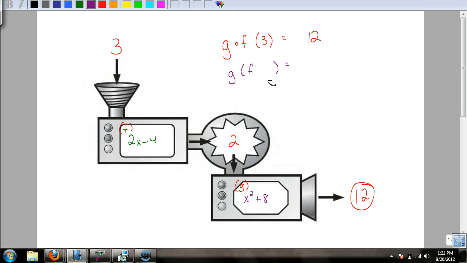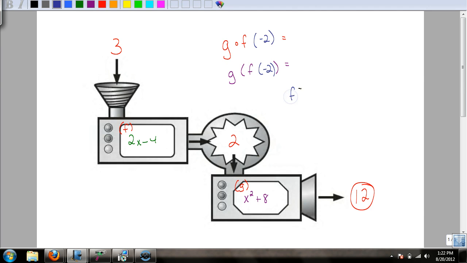Let's say instead of 3, let's use -2 as an example. Both of these mean the same thing, meaning I'm going to put -2 inside of function f first and put that answer inside of function g second.